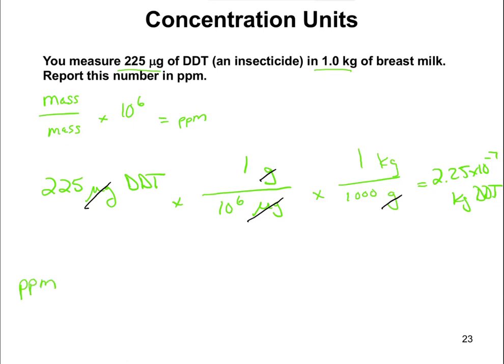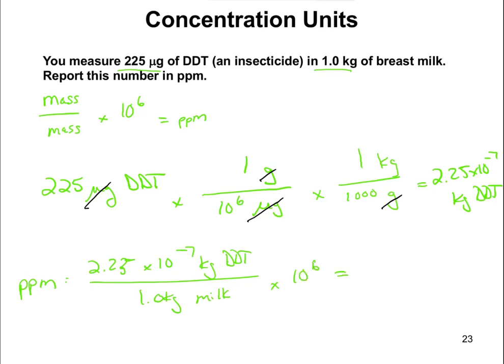Next up, to go to part per million. Part per million is going to be the amount of the DDT, so 2.25 times 10 to the negative 7 kilograms of DDT divided by 1.0 kilograms of the breast milk, times 1 million.